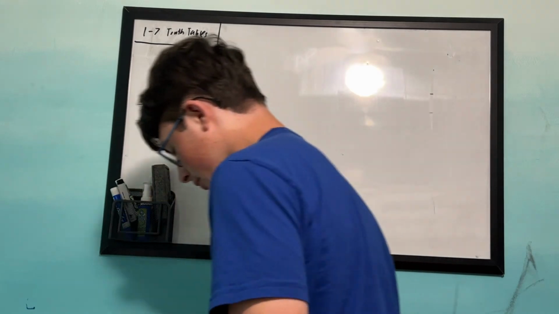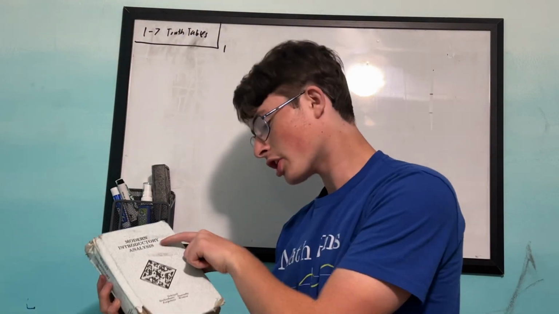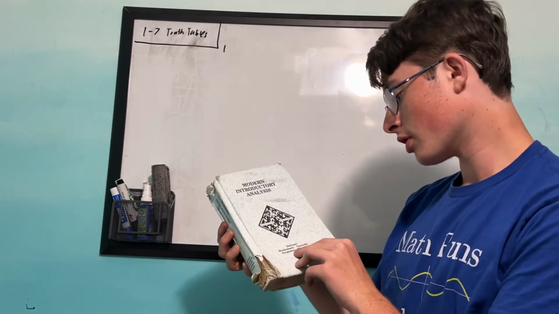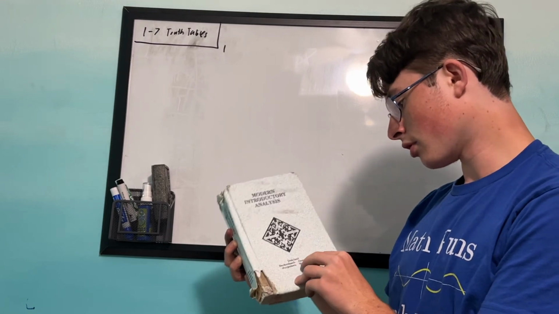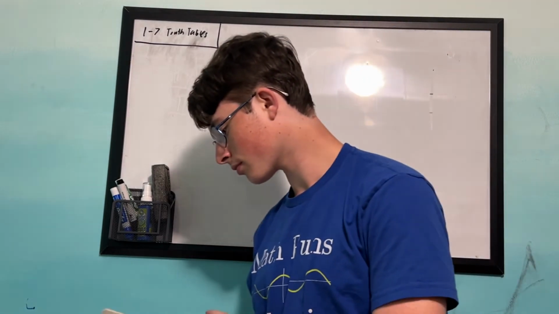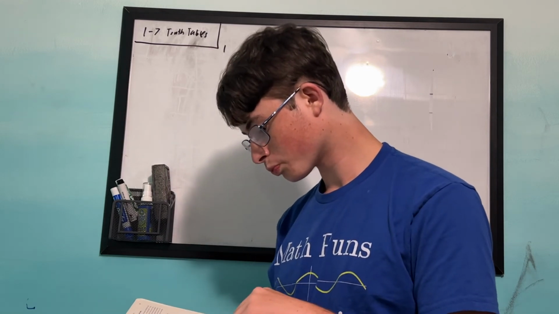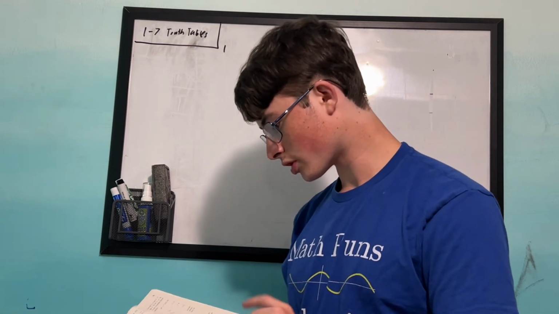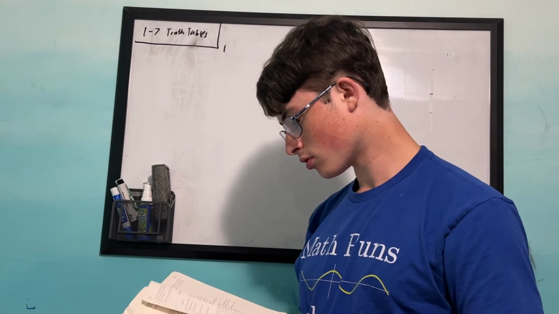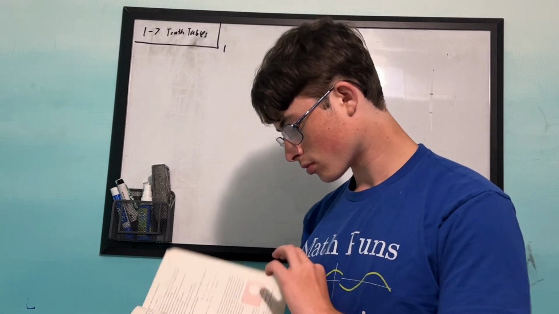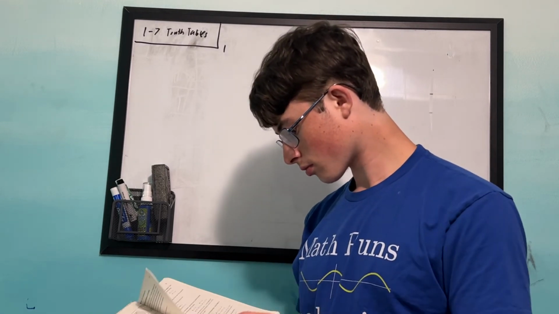I'll just take one from the textbook that we're working through. Again, Modern Introductory Analysis by Dolciani, Beckenbach, Jorgensen, Donnelly, and Wooten. So let's look at the exercise.